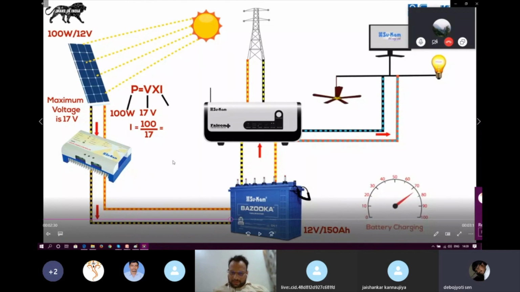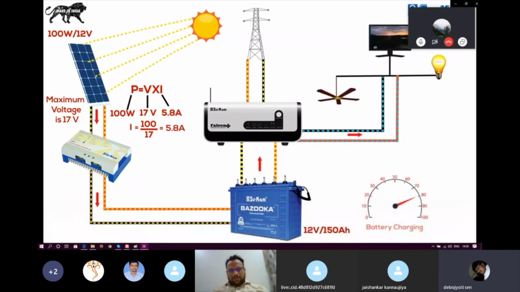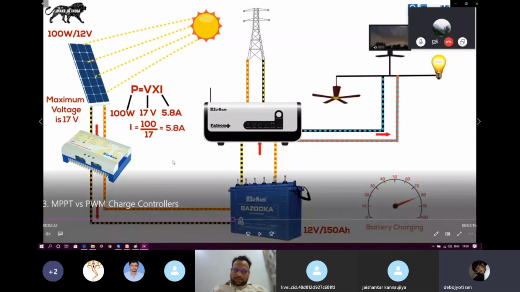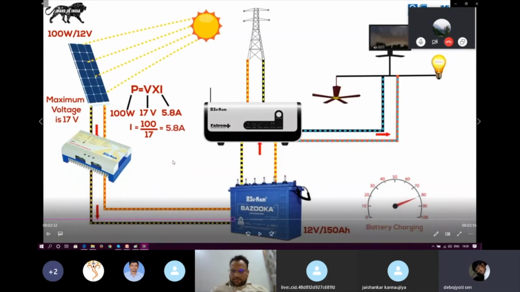Now, as we were discussing the PWM, we know power is voltage times current. So here our power is 100 watt, our voltage is 17 volt, which we have already learned from the IV curve, and our current is 5.8 amps. How are we getting the current? Just by dividing. It's just a formula.